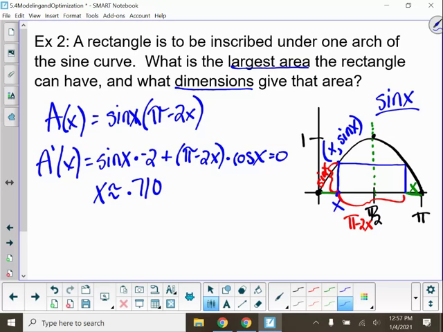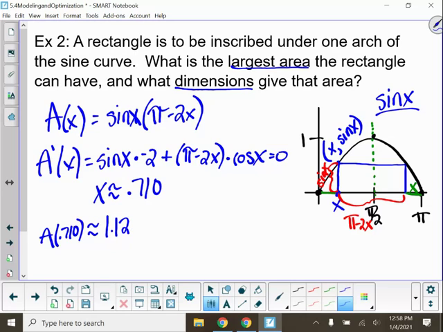So now we need to know, let's see, what is the largest area and what are the dimensions? So now that I know the x value, I can actually plug this back in and find the area of 0.710. So I'm plugging it in for the sine of x, for the x value, plugging it in for the x here with the minus 2x, which gives me an area of, and I don't actually have this to 3 decimal places, I only have this to 2.